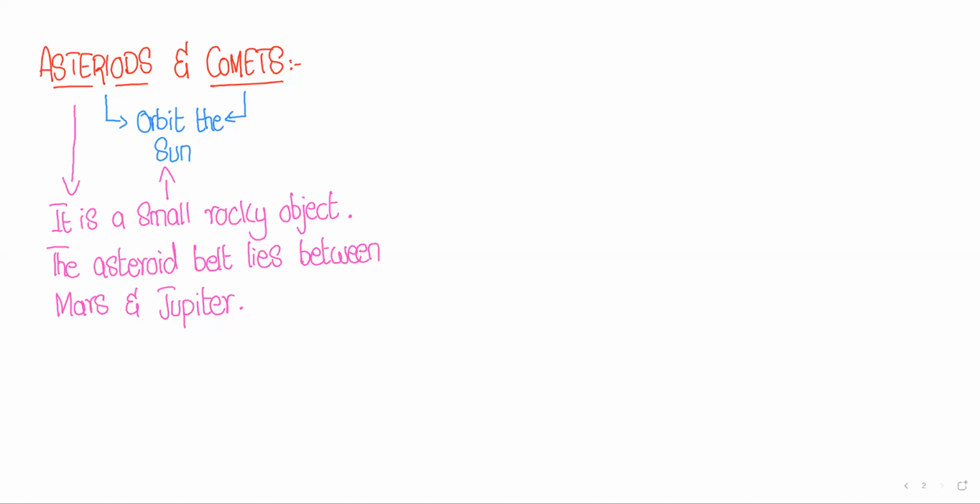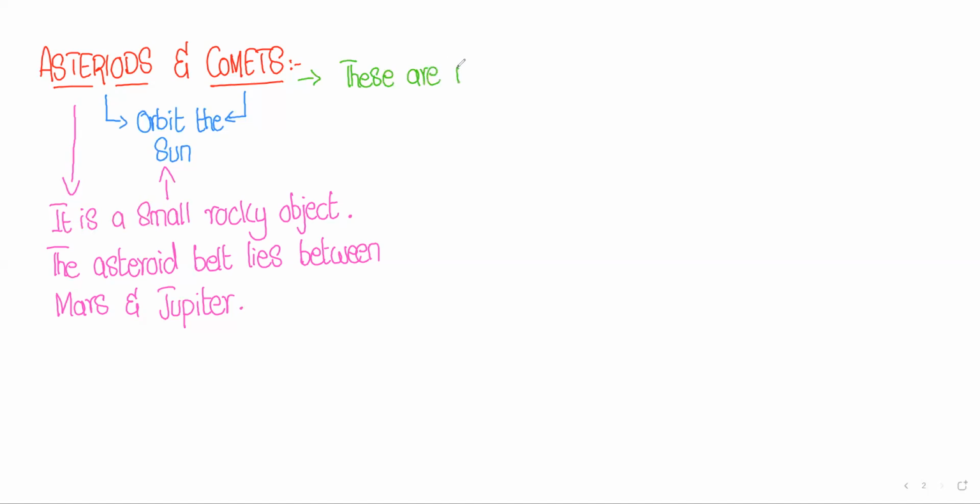Right, sir. And further, if we talk about comets, comets are different from asteroids, because an asteroid is a solid type object, but comets are not solid.